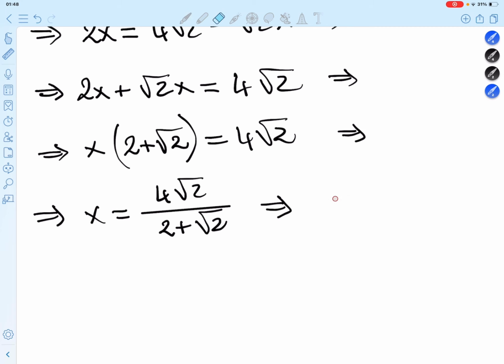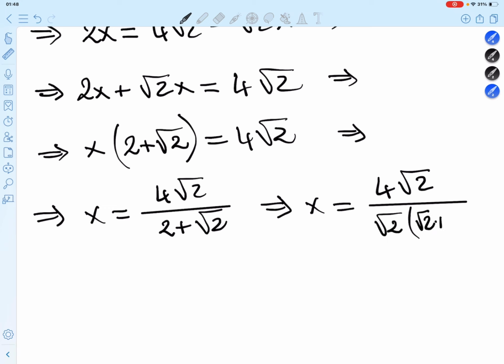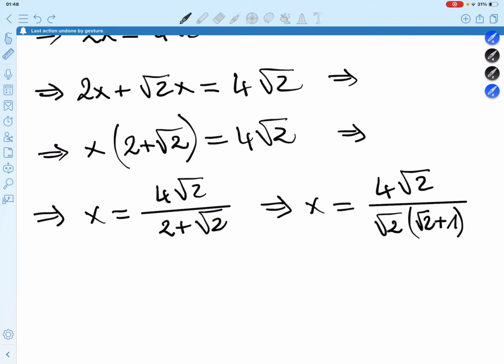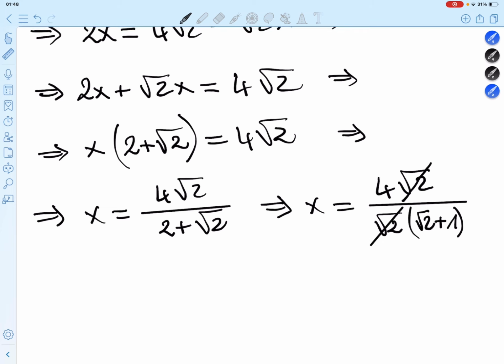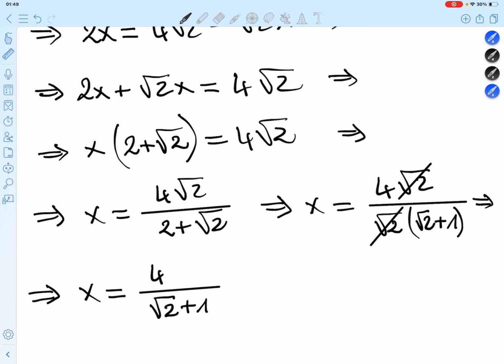Let me write it better. X equal to 4 root 2 over, if I take root 2 out, I'm going to be left with root 2 plus 1. Then I can get rid of this root 2. Now this implies that x is equal to 4 over root 2 plus 1.